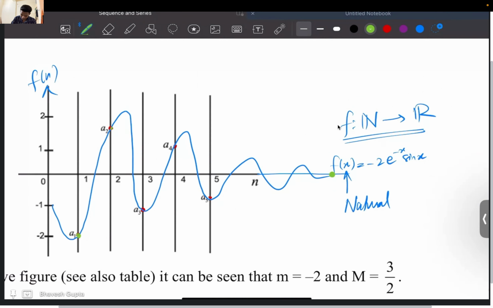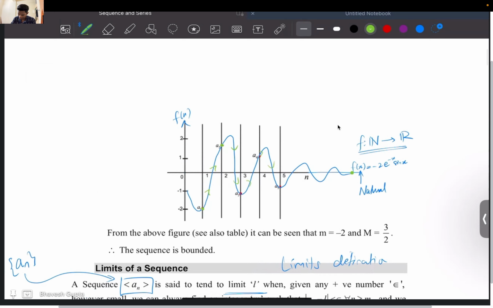Minus 2, then some positive number. I can approach in an oscillatory way by selecting these discrete values. But you can see as my n increases, my values start getting closer and closer to 0, right? Is it clear to you what is happening here?